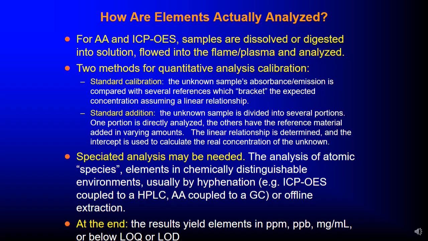Two methods for quantitative analysis calibration: we have the standard calibration and we have the standard addition. Special analysis may be needed. At the end, the results yield elements in parts per million, parts per billion, milligram per milliliter, or below the limit of quantitation or limit of detection.